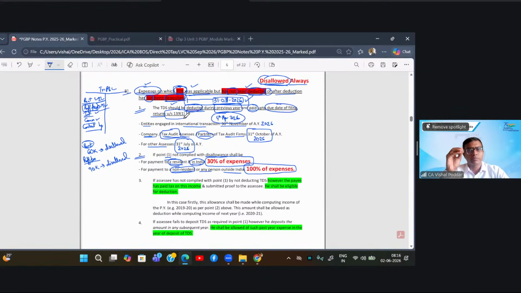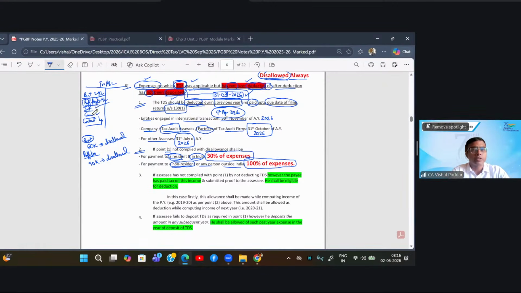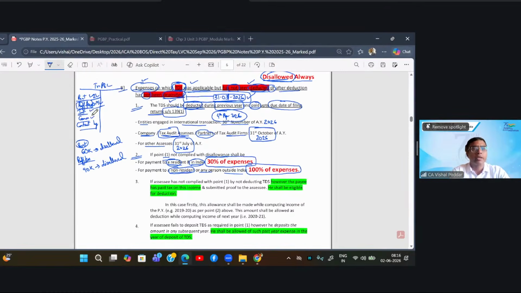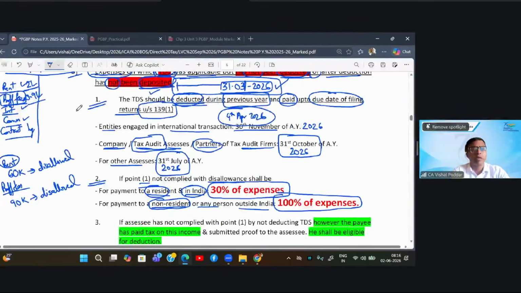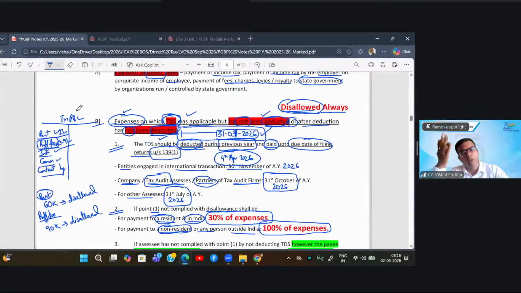So the logic is the government, the parliament wants to enforce TDS, that you compulsorily follow TDS. If you do not follow, the first punishment that you will get under the TDS chapter is of interest and penalty, and the bigger punishment you will get under PGBP chapter, because all these expenses which are your eligible expenses, you should claim deduction of all these expenses because they satisfy all the above four golden rules.